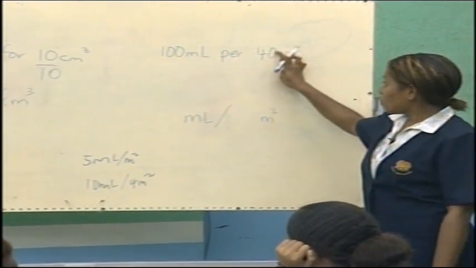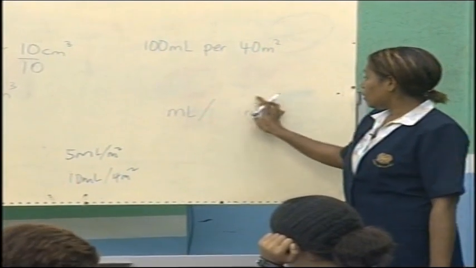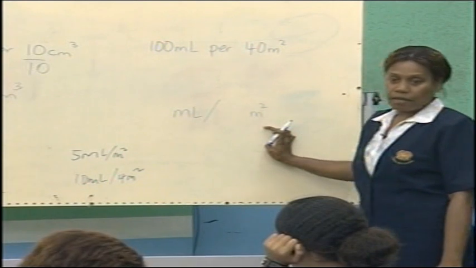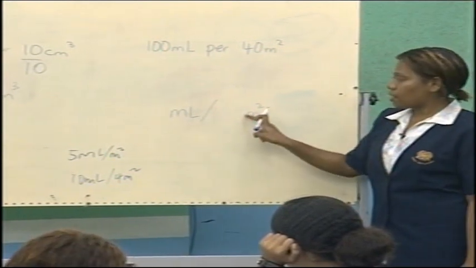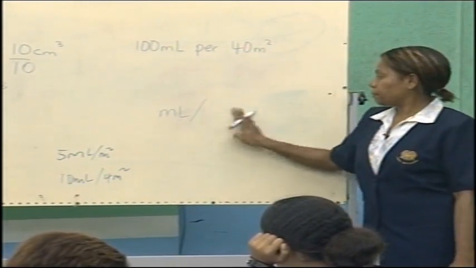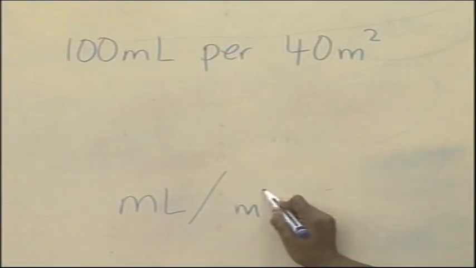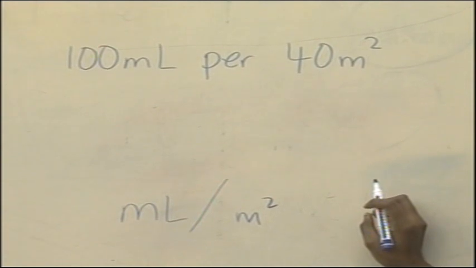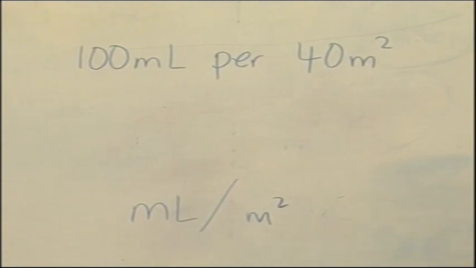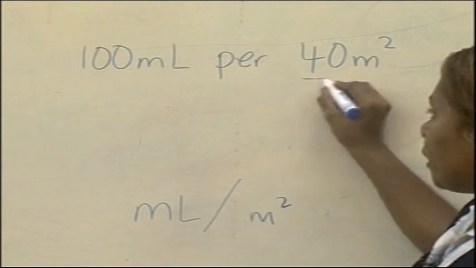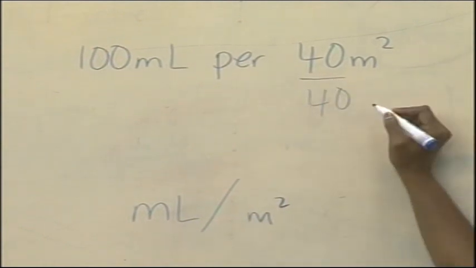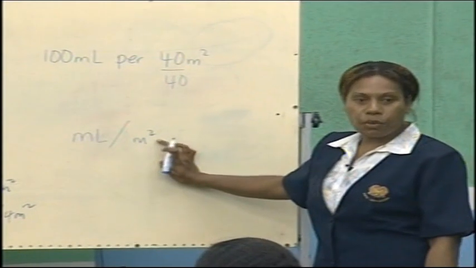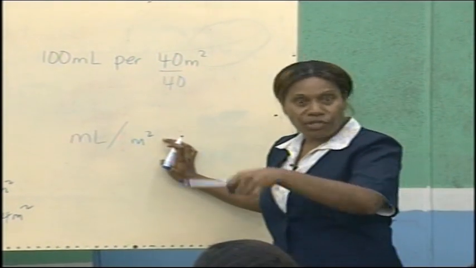I must make sure that I come up with, this must be 1. You get what I mean? Because this has to be 1. Am I going to divide by 10? Or what number? I have to divide by 40, okay? So that I'm left with 1 square meter, because I want to find the fixed rate, okay?